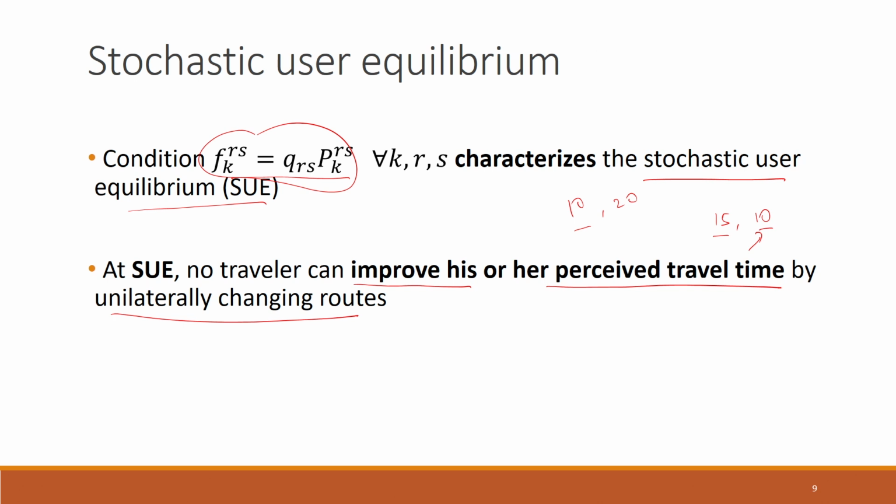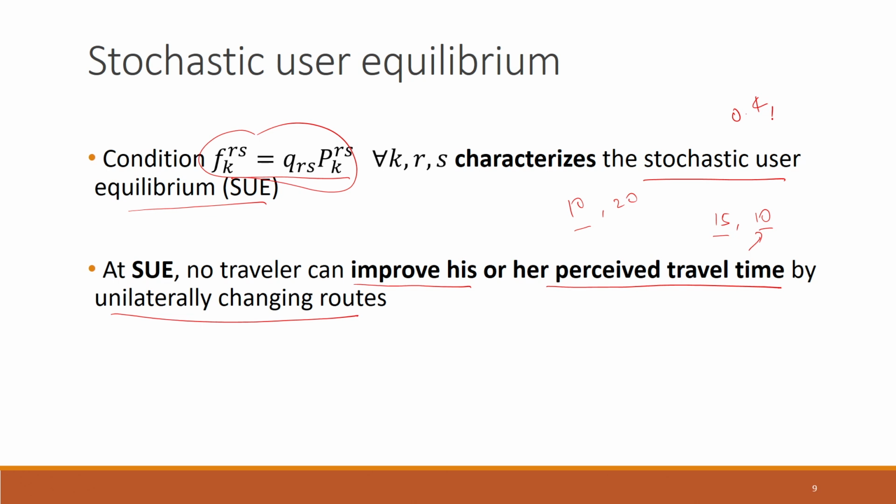And since these perceived travel times across the different paths are random variables, it is not that one of the paths will always have perceived travel time lower than the other. There is a probability with which the perceived travel time of the first path will be lower than the second, and vice versa. For example, suppose the probability that the first path has a lower perceived travel time than the second is 0.4.